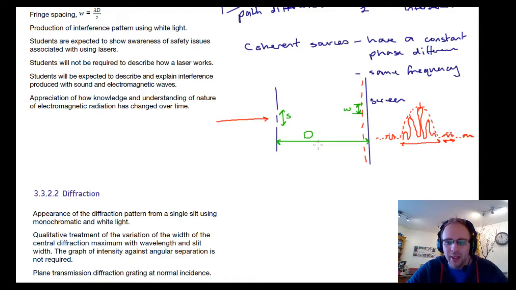Now if we were measuring that in real life, this was another required practical, then you would measure a lot of fringes, and then you would divide by one less than the number you have, to get the number of separations. That would reduce our percentage uncertainty. We'll keep our percentage uncertainty the same, but reduce our absolute uncertainty.